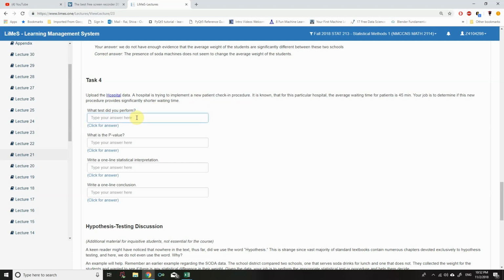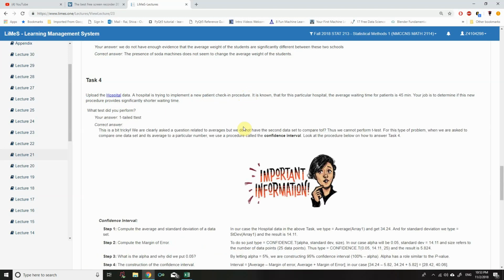So I would go for a one-tailed t-test, since we want to see if this new procedure did a good job. Oh no, this is a bit tricky. We are clearly asked a question related to the average, but we do not have a second data set to compare to. Let's see if we do.